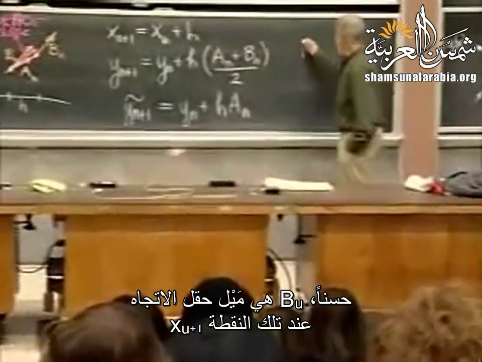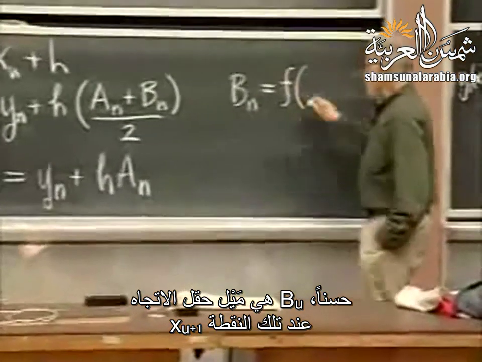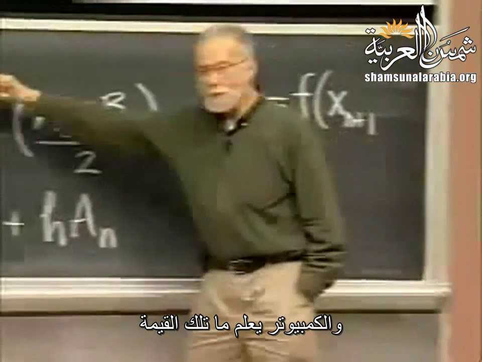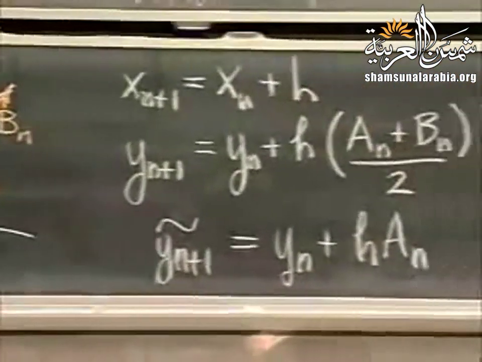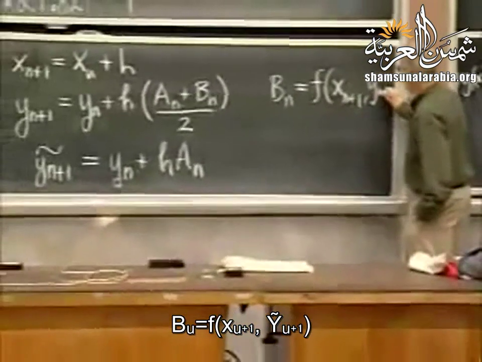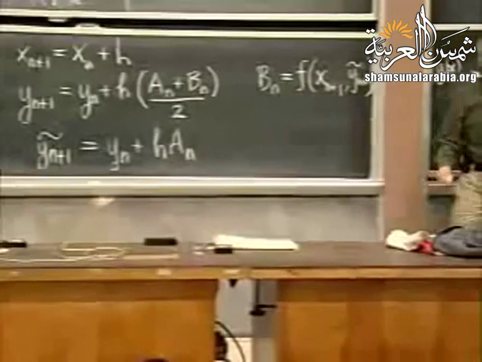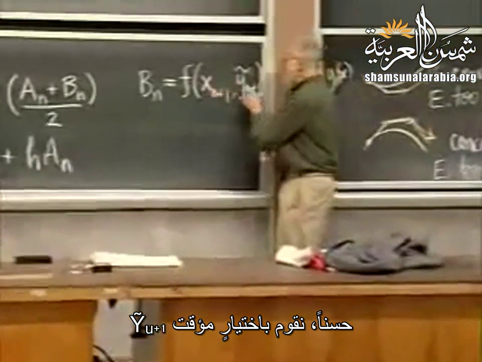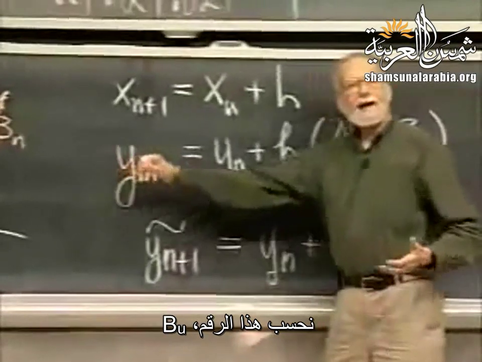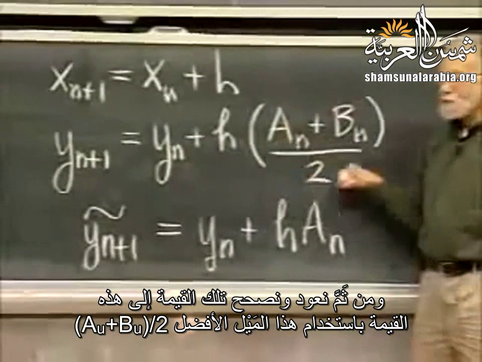Okay, bn is the slope of the direction field at the point n plus 1 and this point yn plus 1 temporary, and the computer knows what that is. So you make a temporary choice of this, calculate that number, and then go back and, as it were, correct that value to this value by using this better slope.